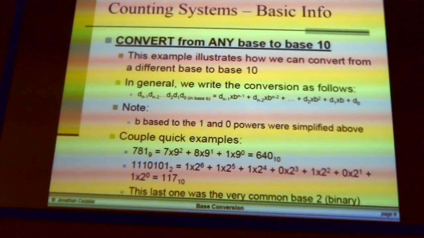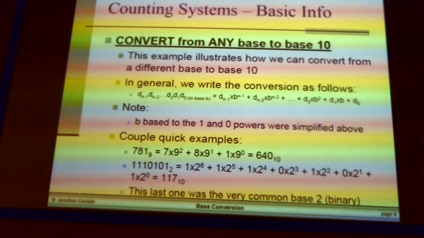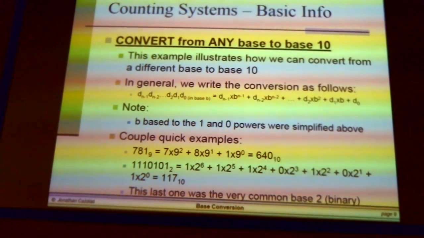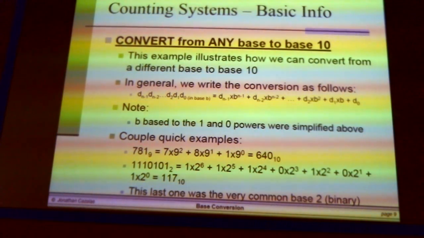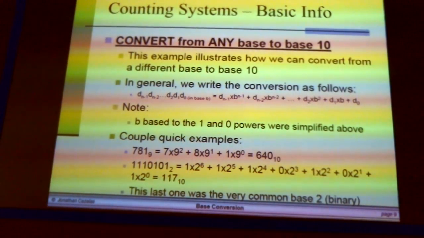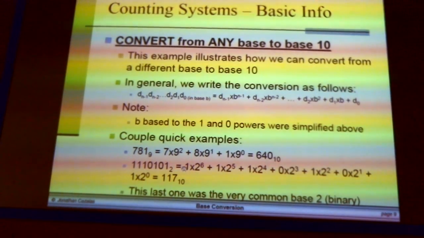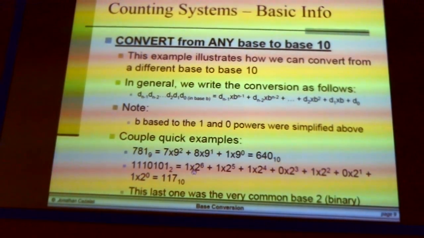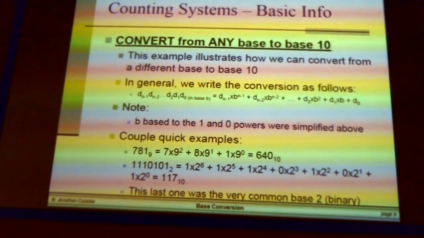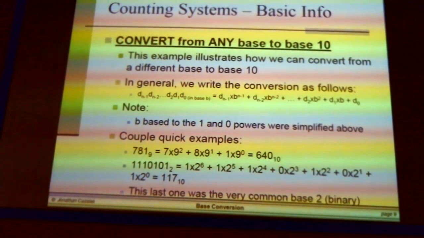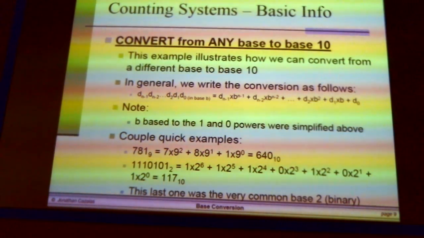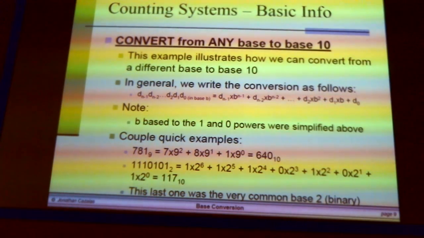For your primary example, when we're adding those numbers, like 1 times 2 to the 6th or 1 times 2 to the 5th, you just add it regularly, doing base 10.